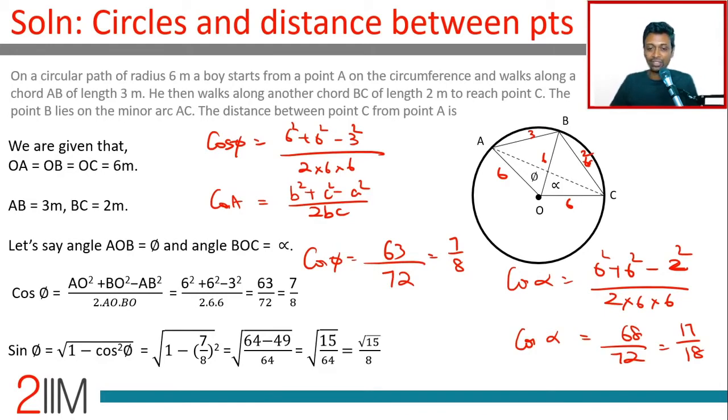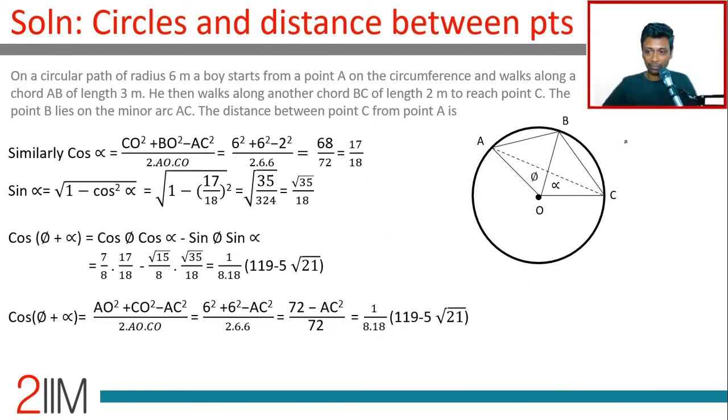Sin phi, we use the idea that sin phi is the square root of 1 minus cos square phi. Same idea here. So we'll find sin phi and sin alpha. Cos phi is 7 by 8. Sin phi is square root of 1 minus 49 by 64, which is root 15 by 8.